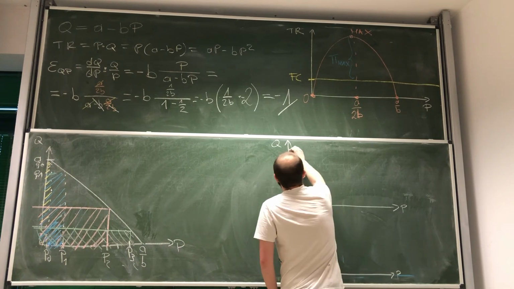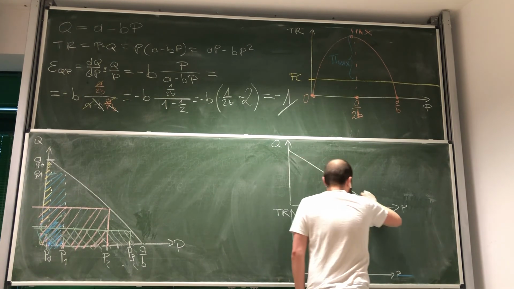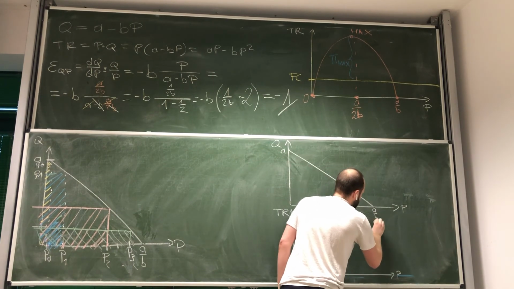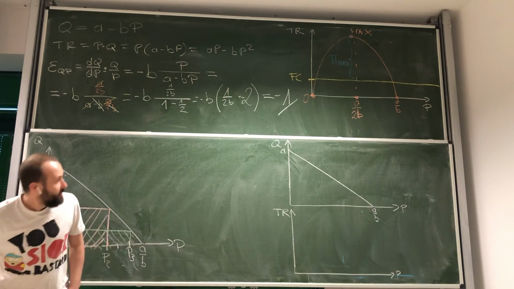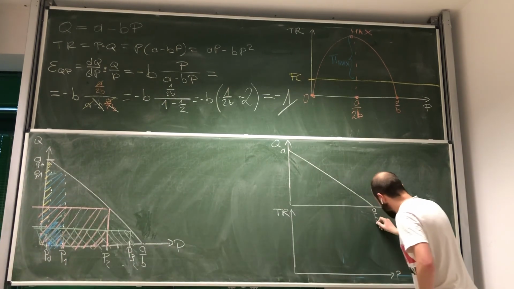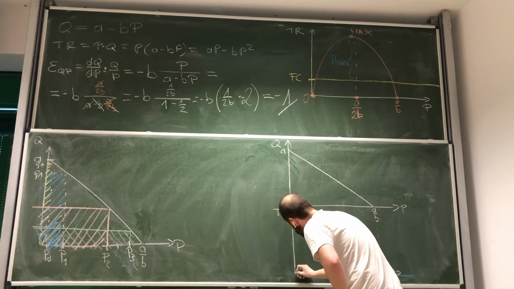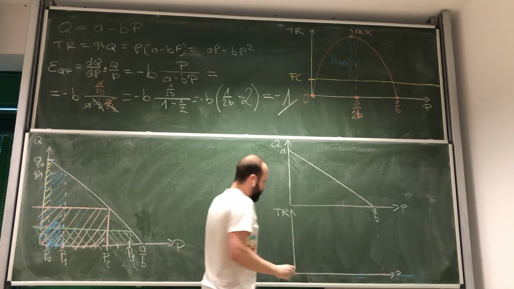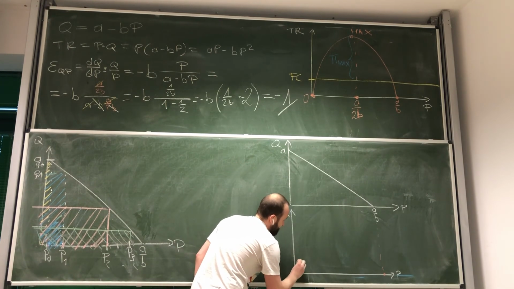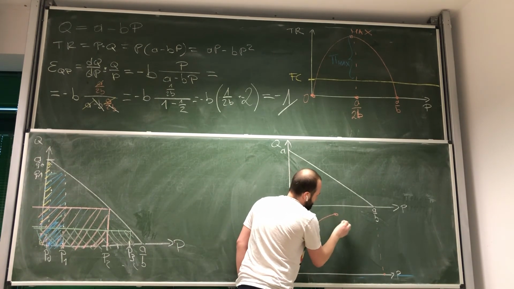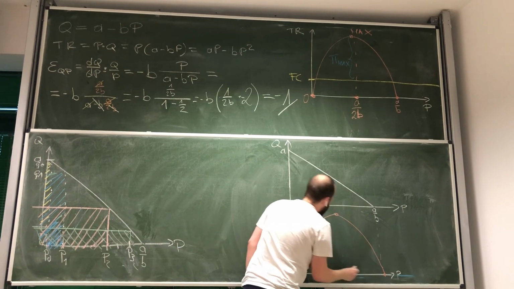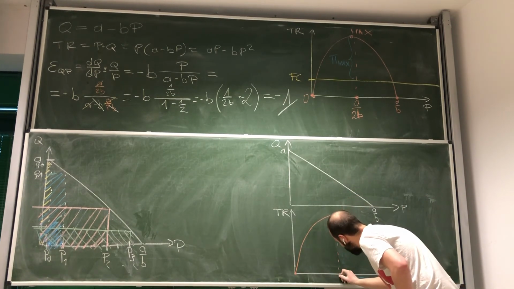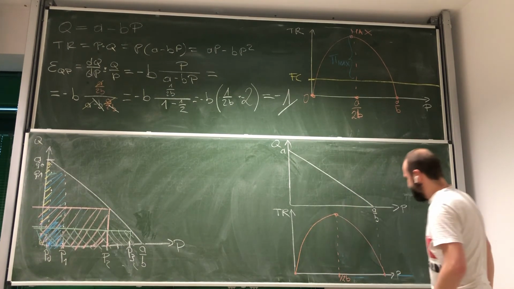So we got this. It starts at A, ends up at A over B. We discussed that with this demand function, our total revenue will look like this, where the maximum is given at A over 2B.